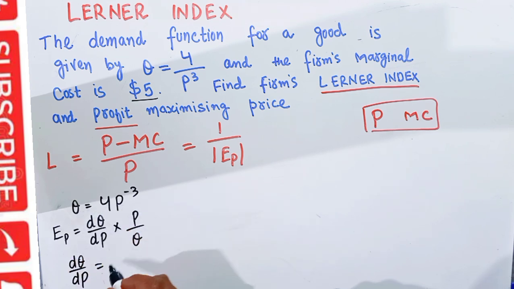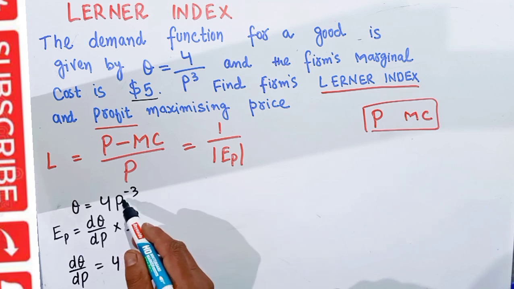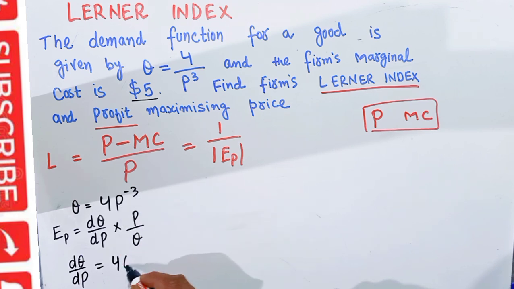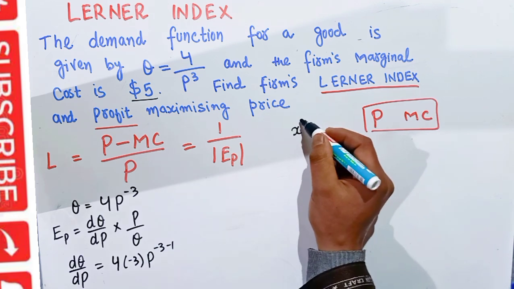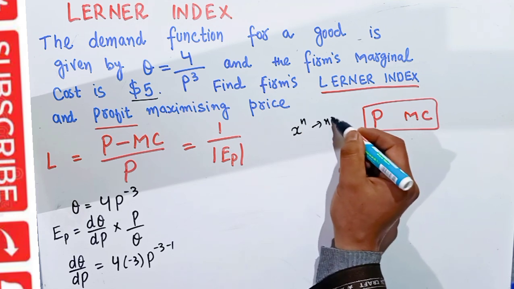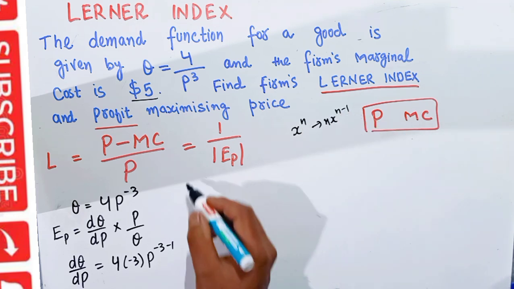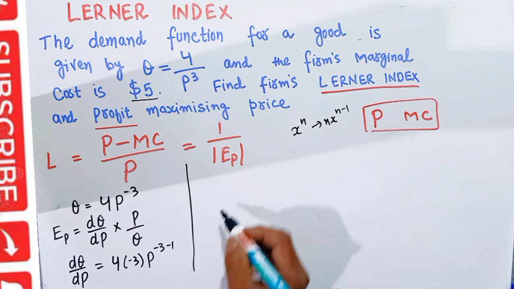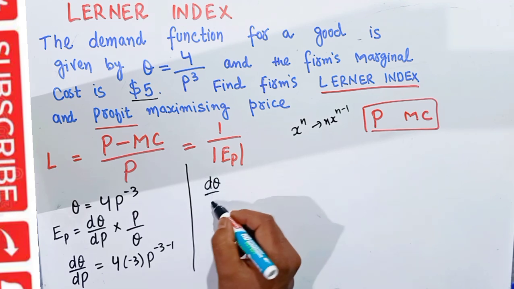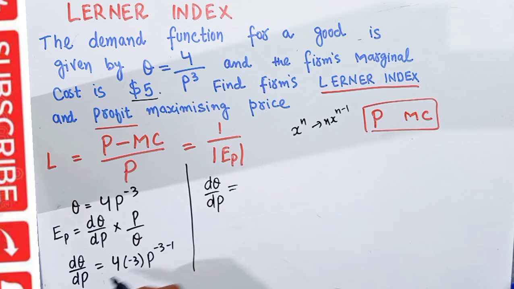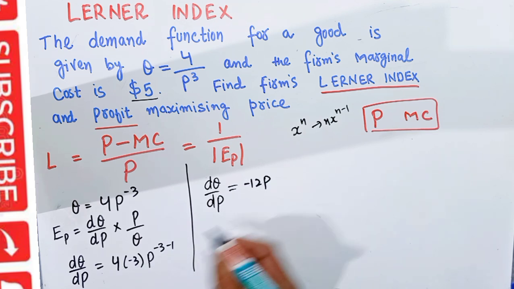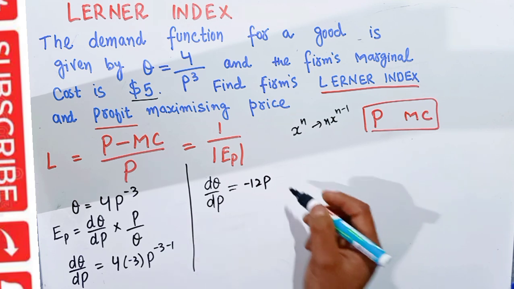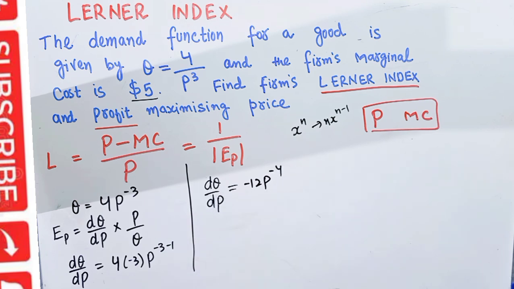Here we have 4. The derivative of P to the power minus 3 is minus 3 P to the power minus 3 minus 1. By the power function rule, if we have x to the power n, its derivative is n x to the power n minus 1. I have explained it a number of times. So that gives us dQ upon dP equal to minus 4 into 3, which is minus 12, P to the power minus 3 minus 1, which is minus 4. This is our dQ upon dP.